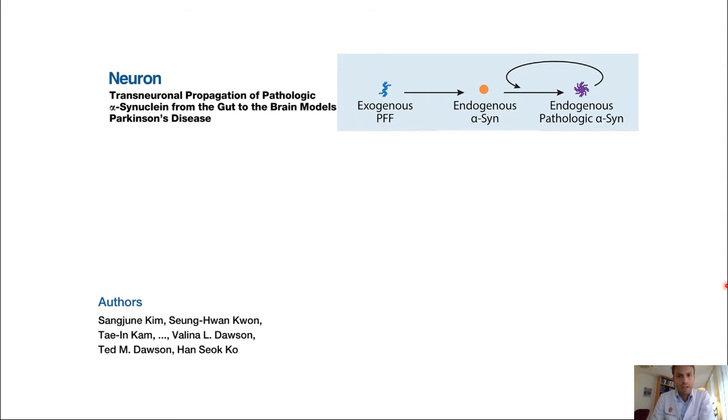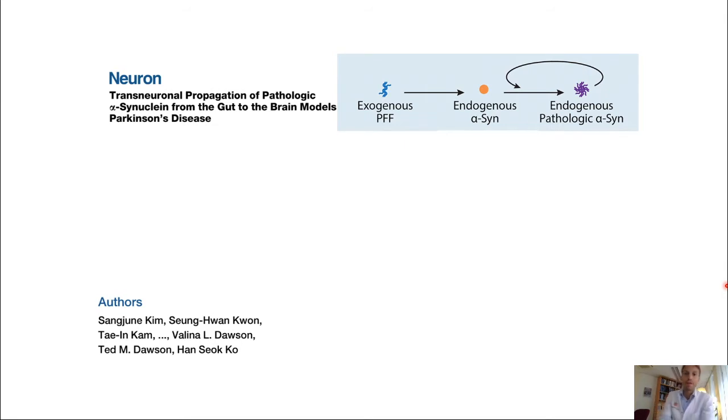And how does it get there? So we see that there's an influence of pathological preformed fibrils, so pathological alpha-synuclein, on regular alpha-synuclein. If there's a misfolding fibril nearby, it can affect healthy endogenous alpha-synuclein.